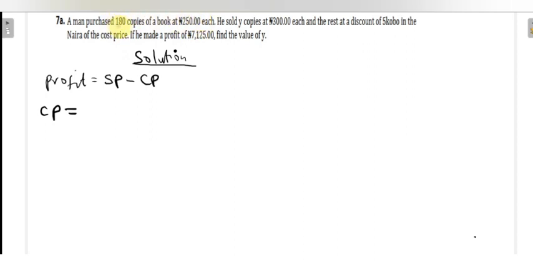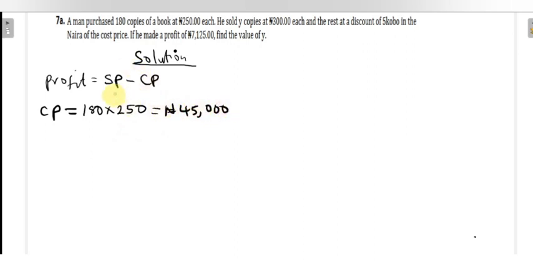So the total cost of 180 copies will be 180 times 250. That will be equal to 45,000 naira. So the cost price is 45,000 naira.